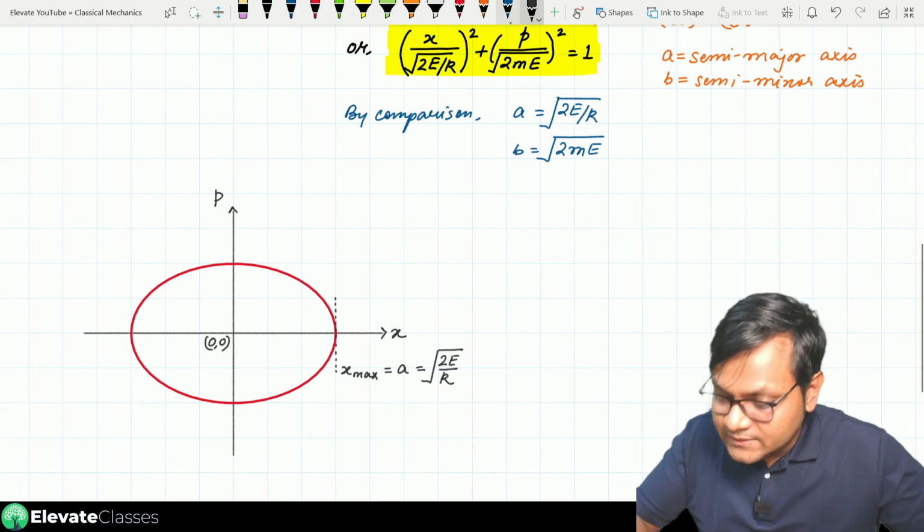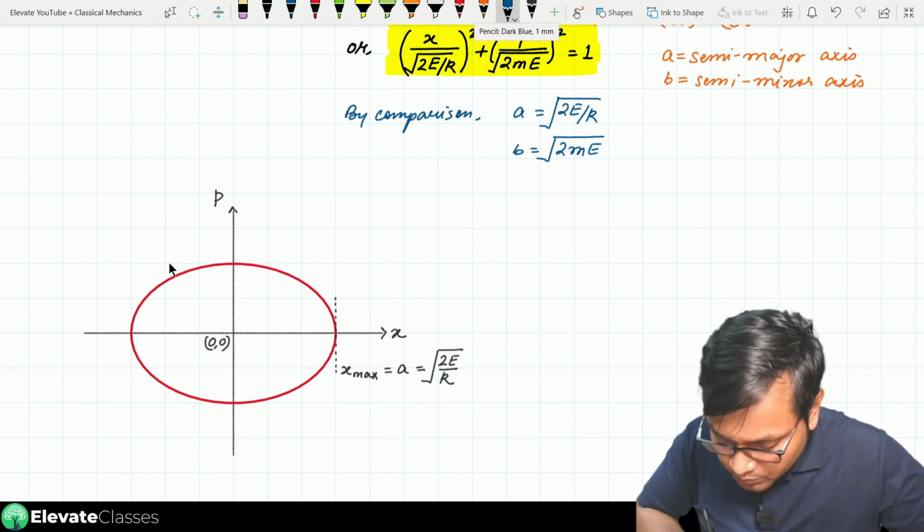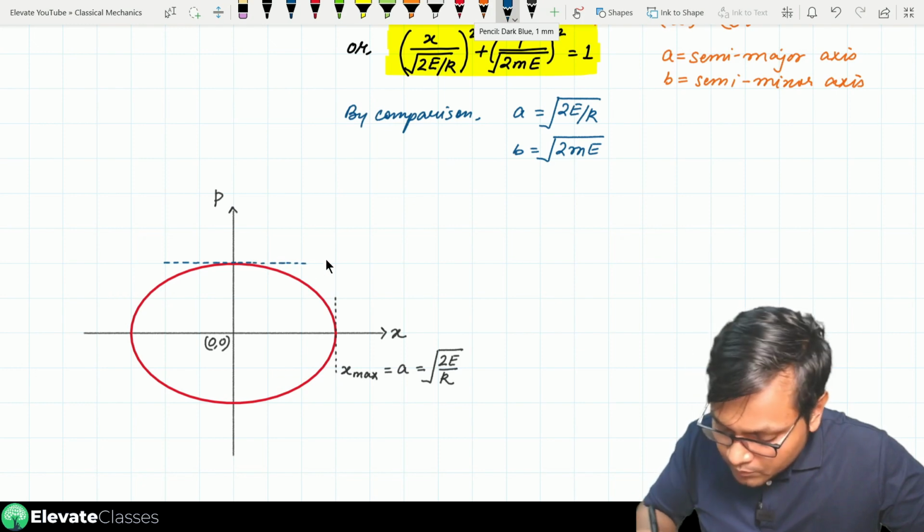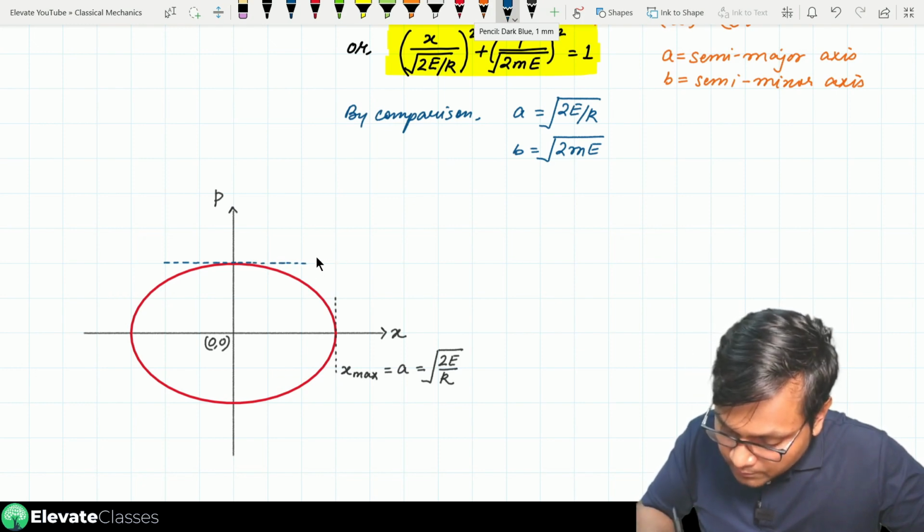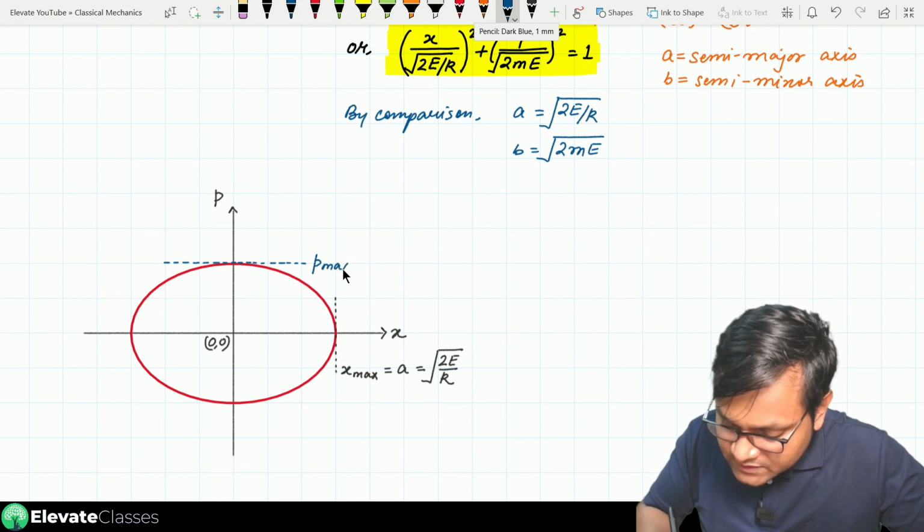Alright, and this represents the maximum momentum, which I call P max, maximum momentum, which is equal to b, equal to root over 2mE, the semi minor axis.